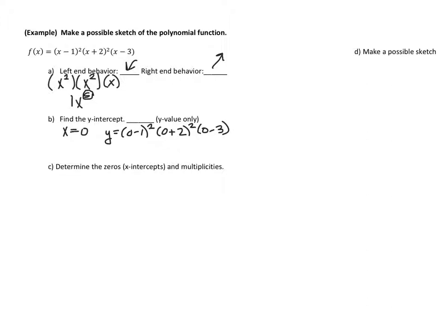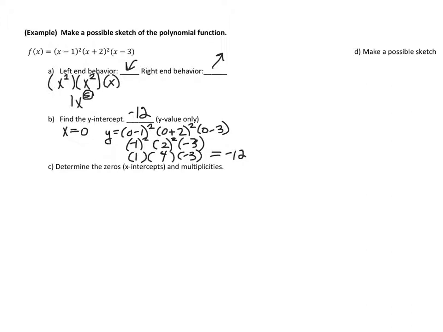We have (-1) squared, which is just going to give us 1, times 2 squared, which is 4, and then times -3. It's all being multiplied. So we have 1 times 4 times -3, which gives us -12. My y-intercept is -12.